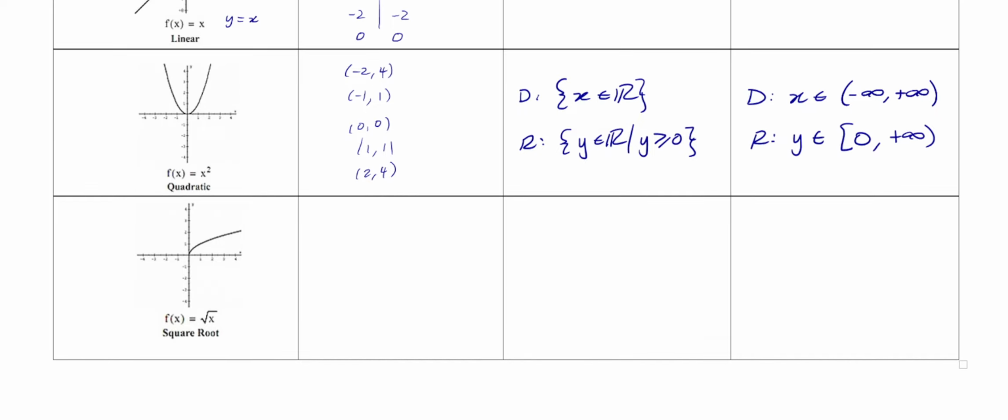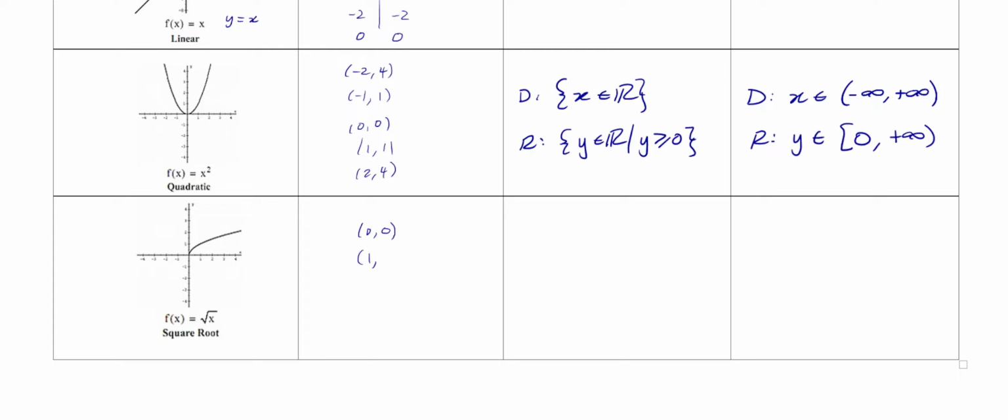Again, you can come up with x, y values that are points on this parent function. So you just pick values of x that are perfect squares. That will make it easier for you. Otherwise, you're going to get these big irrational decimals, or these long irrational numbers. What's a good one to start with? Well, when x is 0, the square root of 0 is 0.